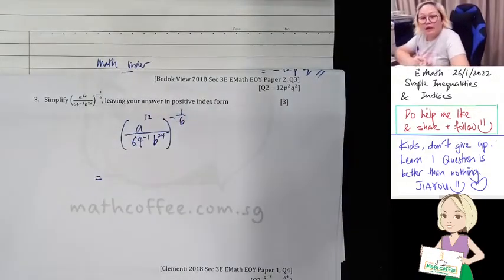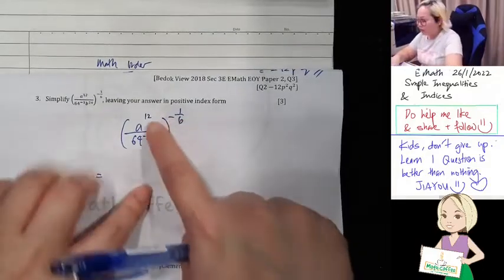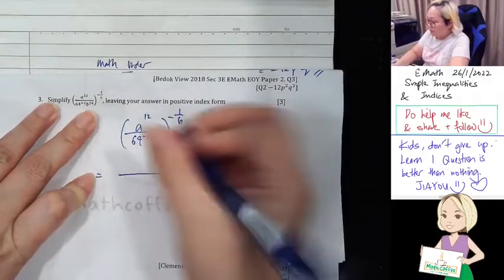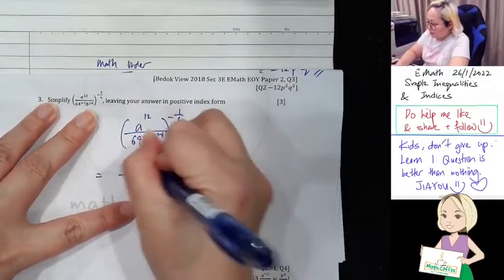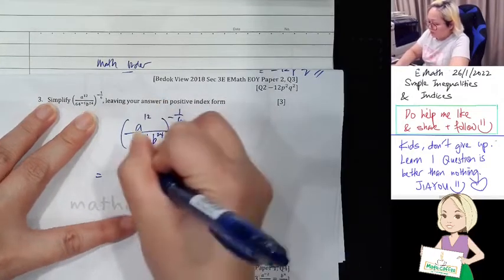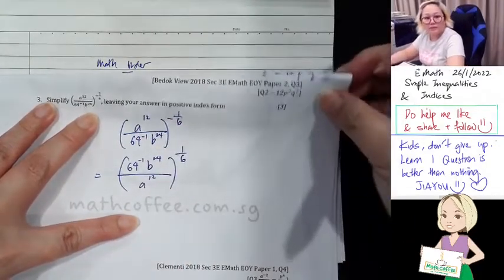Remember just now I told you all a shortcut: when the power is negative, you can just flip the fraction first. So I'm going to just flip without changing anything else. So it is 64 minus 1, B 24, and then after that A 12. Now this one, negative 16 becomes positive 16.